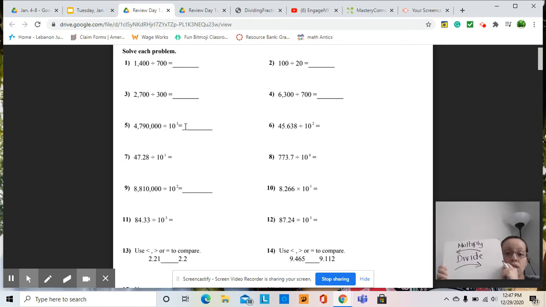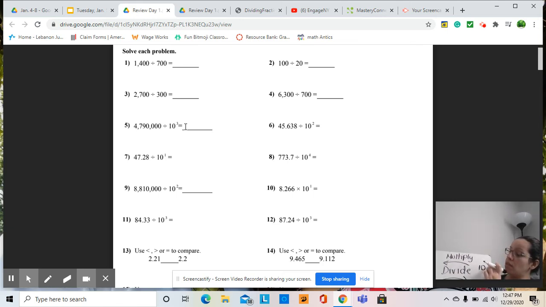That is something that you need to remember. Now, remember, if the power of 10 tells you a 4, then you move 4 spaces. If you're multiplying, you move 4 spaces forward. If you're dividing, you move 4 spaces backward.